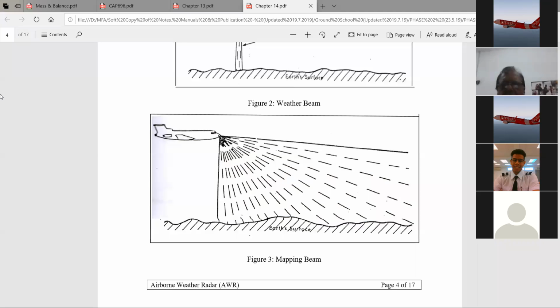There is a slight disadvantage of using a weather beam for map reading purposes. Can anybody in the class identify what could be that particular disadvantage?